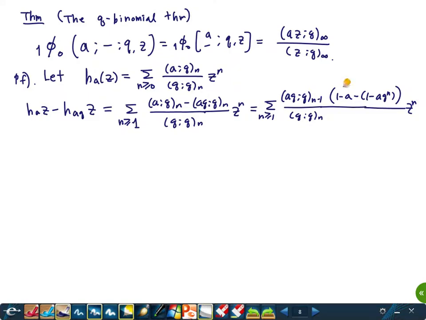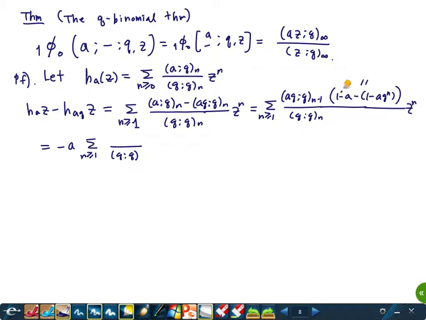We can cancel this and this. And factor minus a out, from 1 minus q^n.